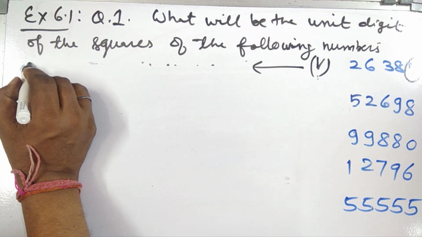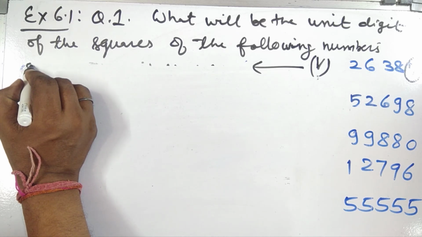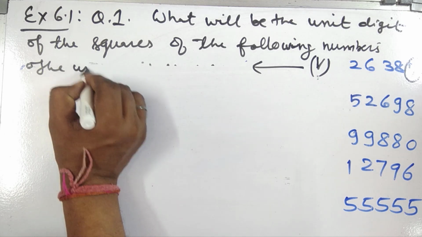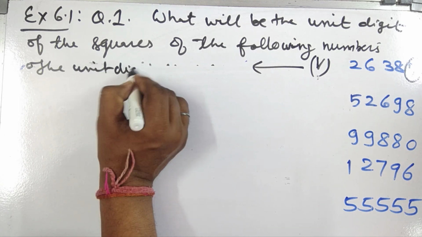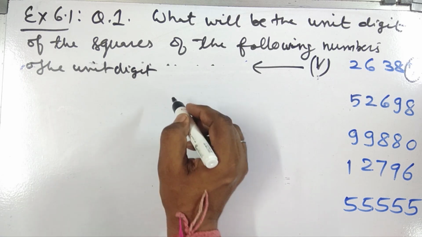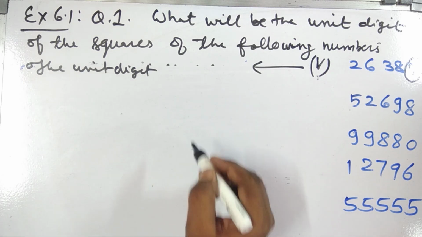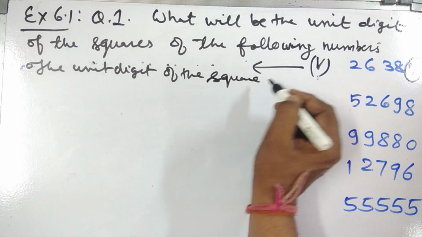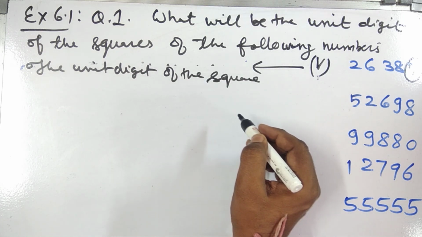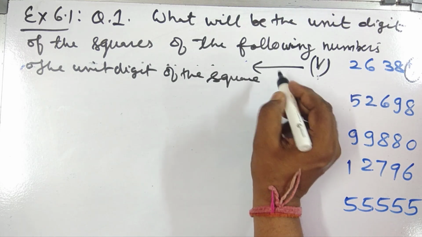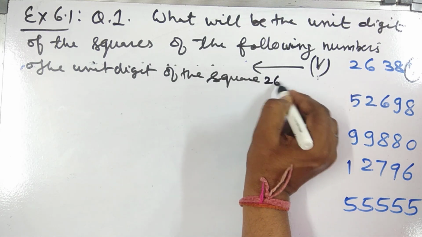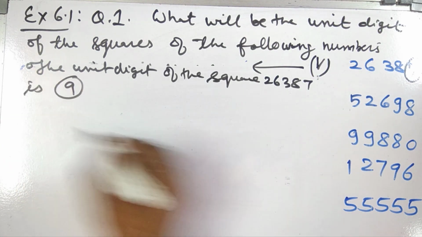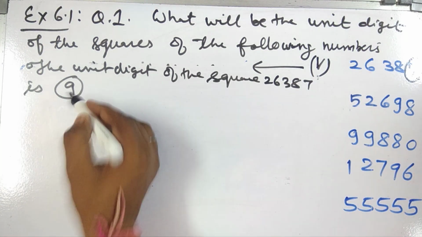So students, the unit digit of the square of 26387 is 9, because in the unit place, students, 7 is given.